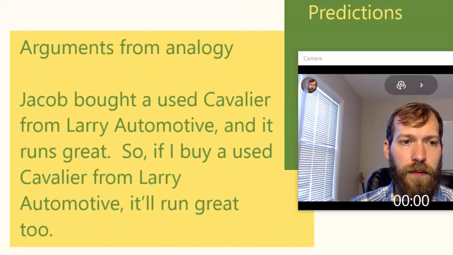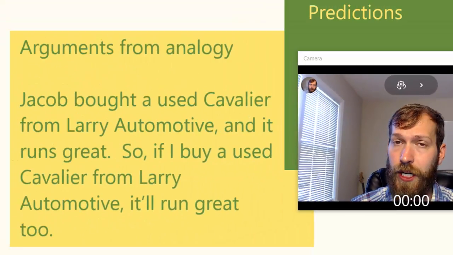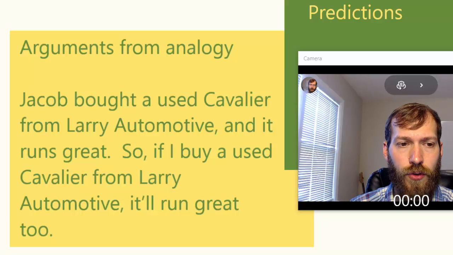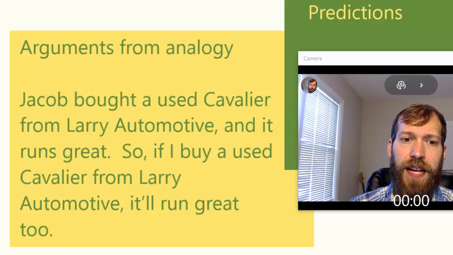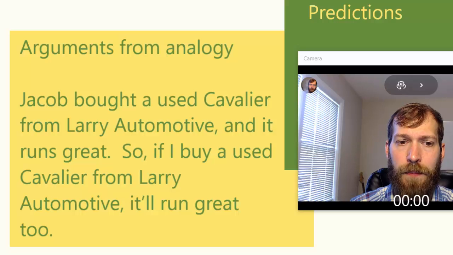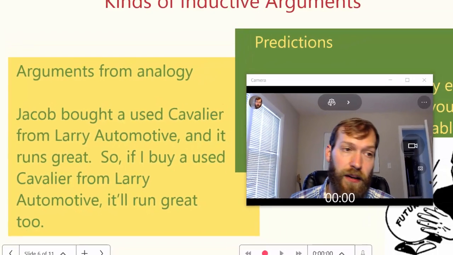Okay, so let's look first at arguments from analogy and talk about the structure of arguments from analogy. Generally the idea in analogies is that you're making a comparison. You are saying that these things or events or whatever it might be have certain similarities.